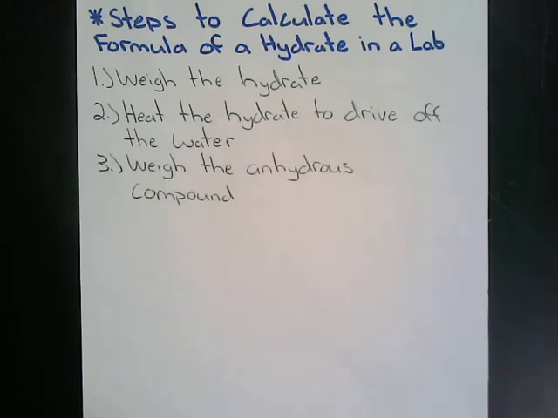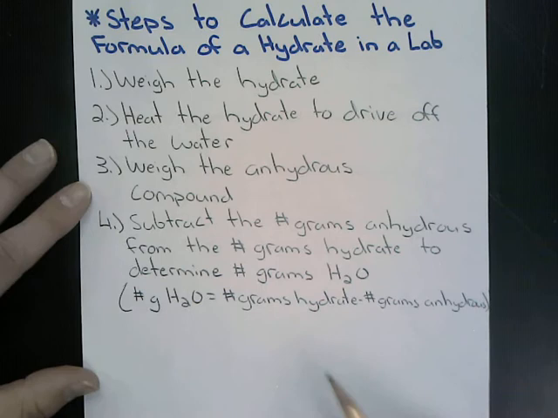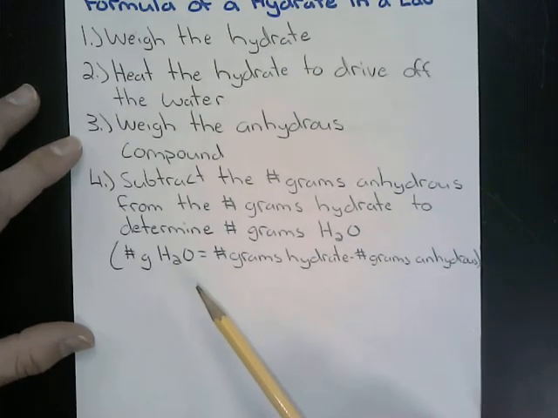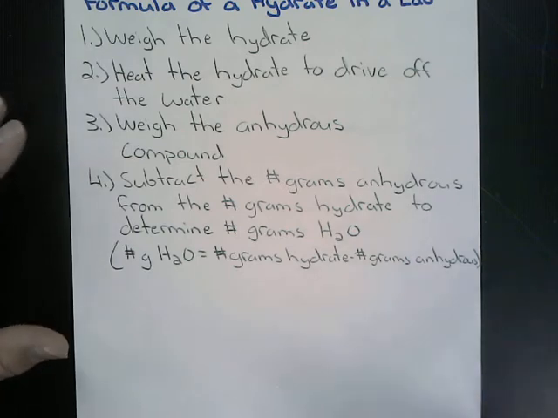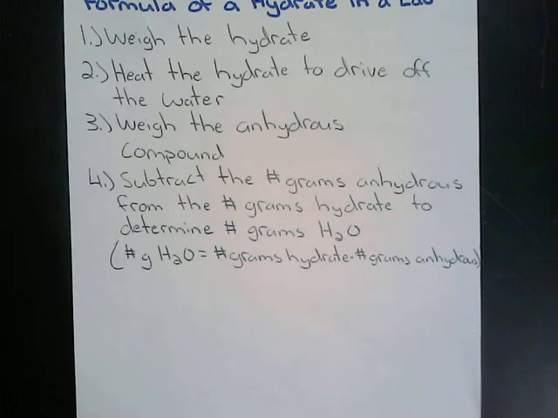Once you have weighed the anhydrous compound, you need to subtract the difference between the anhydrous and the hydrated compound to determine the number of grams of water and the number of grams of anhydrous substance. That here in the formula is number of grams of H2O is equal to the number of grams of hydrate minus the grams of anhydrous.